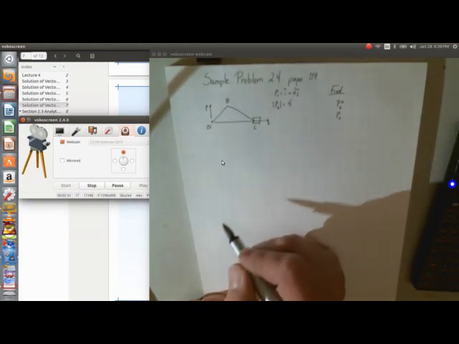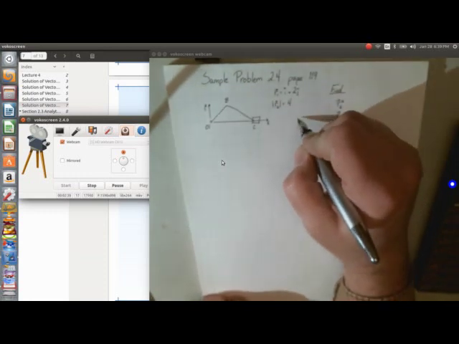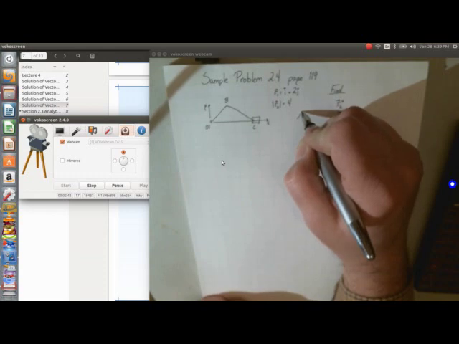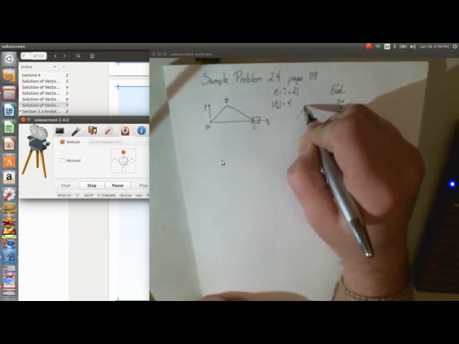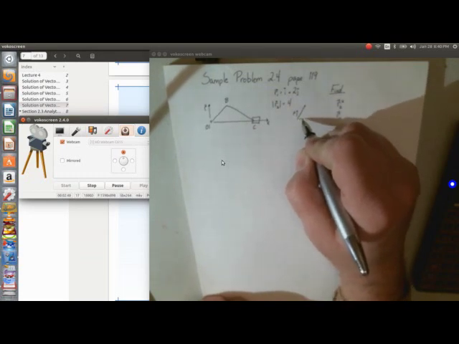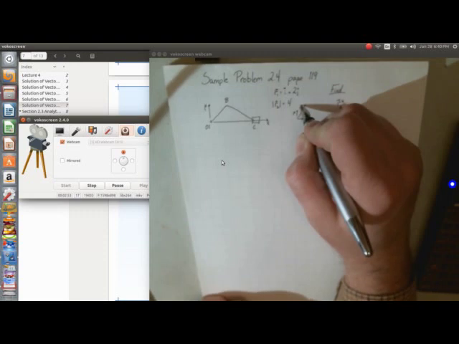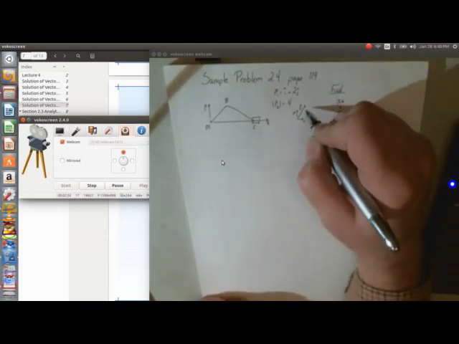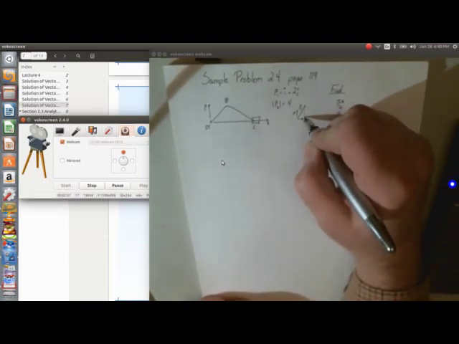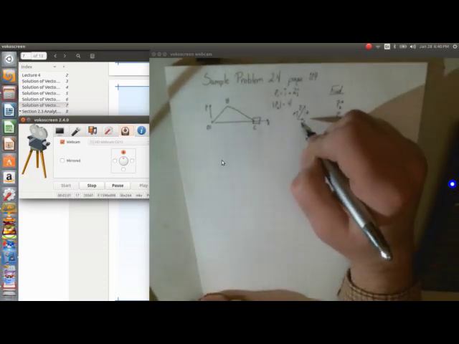Well, it means that r sub 1, I didn't draw it terribly well in my initial figure, but that doesn't matter, kind of goes like this. So it has a height of 2, that's along the j-axis, and a run along the x-axis of 1.